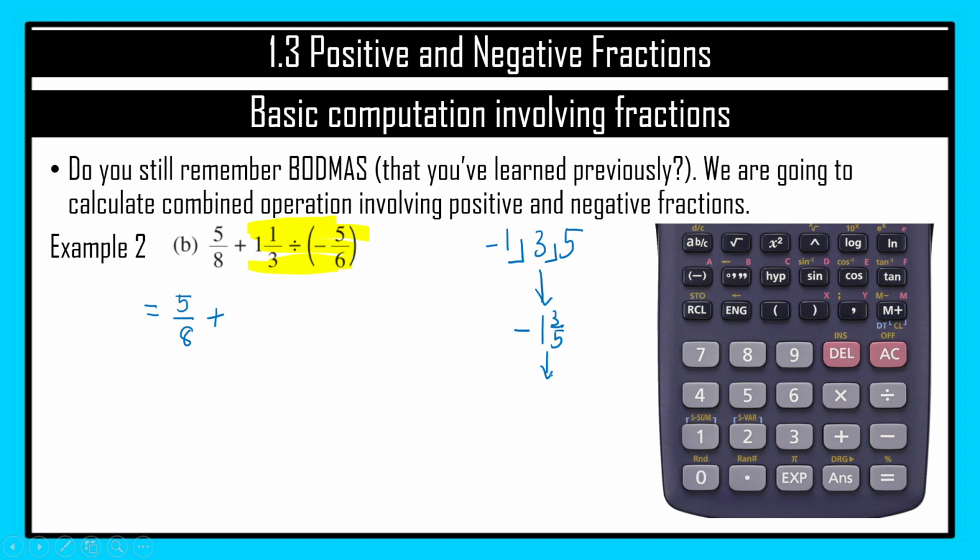Easier for calculation later. So how do I do that? Find the button shift, which is in yellow lettering, and this button again, the fraction button. Now it should change. The fraction answer becomes negative 8, 5, which is negative 8 over 5 in writing. So I'm going to write it in our step.